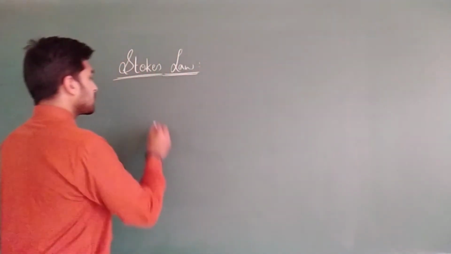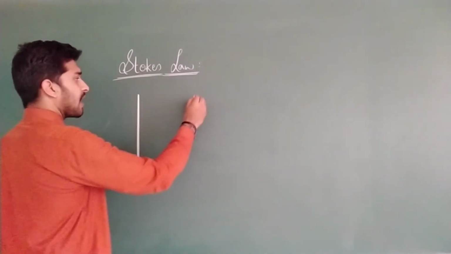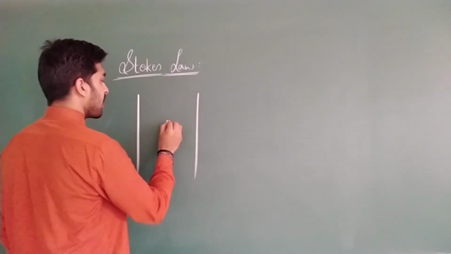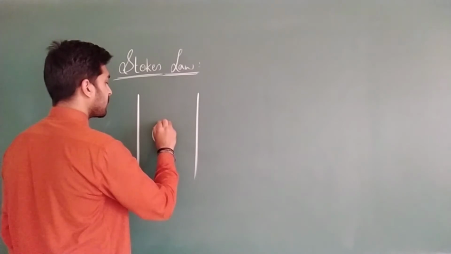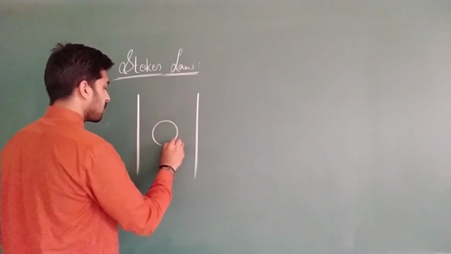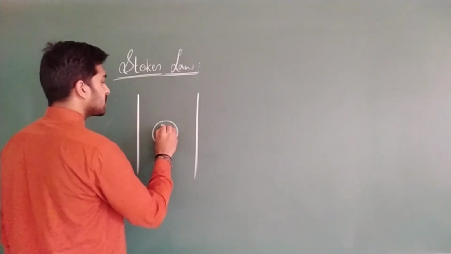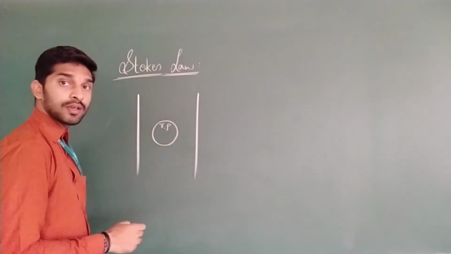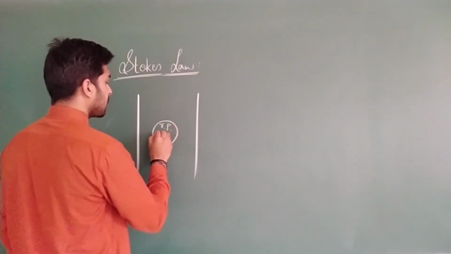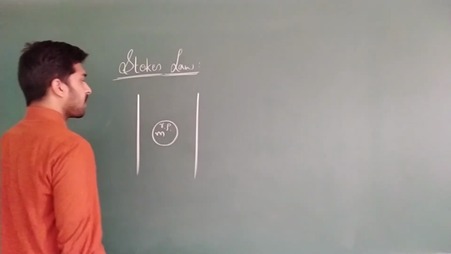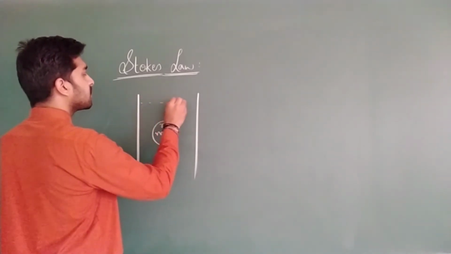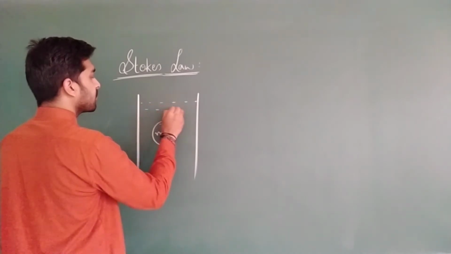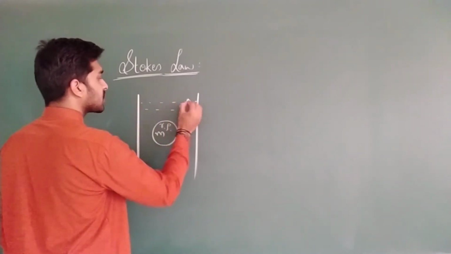So let us consider a tube in this manner, and here we have a spherical ball of radius r, density rho, having mass m, and it is in a liquid medium of density sigma.